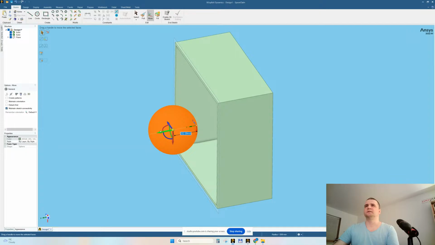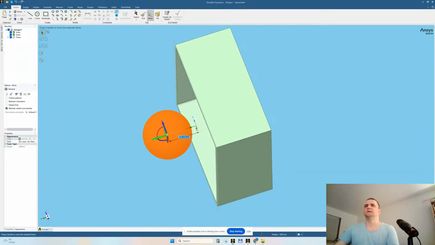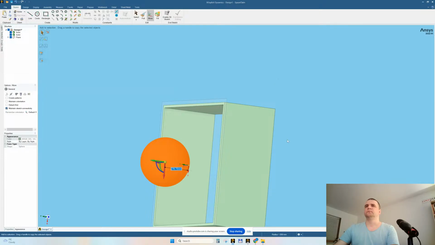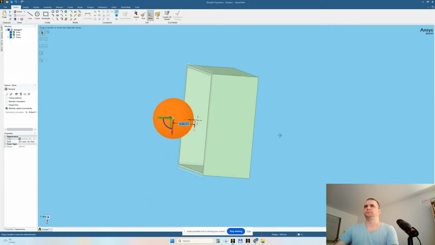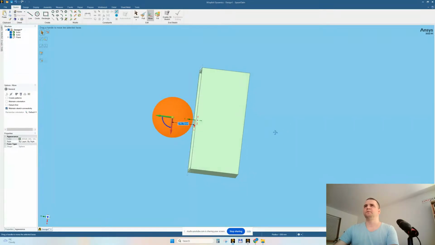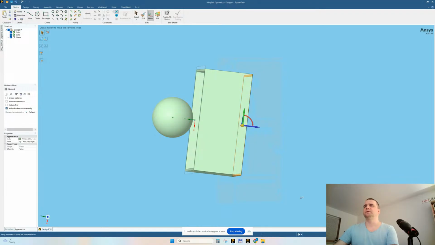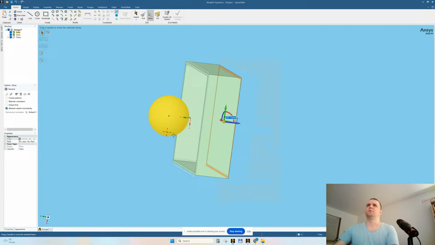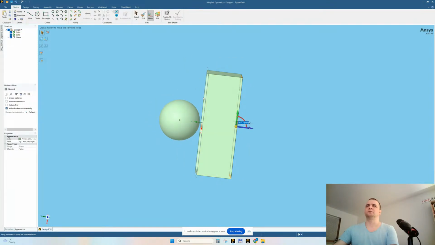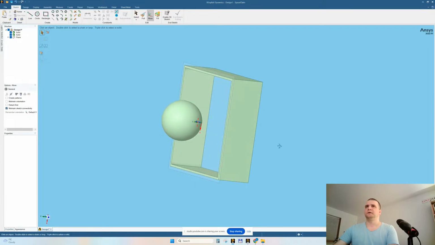Let's bring this above. Then we don't need the tank to be too deep, because we're wondering more about what happens close to the surface of the water. Yes, something like this. All right.